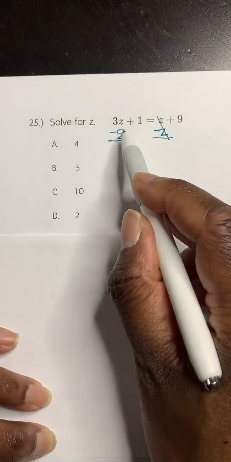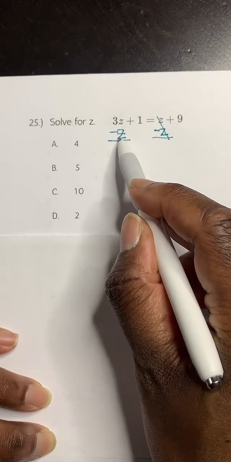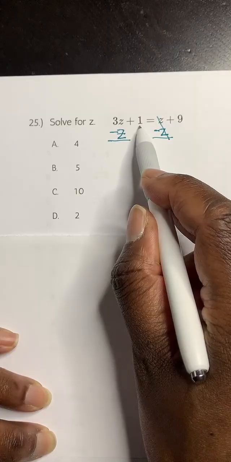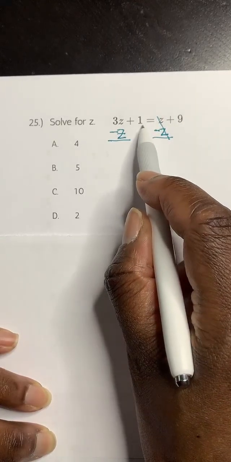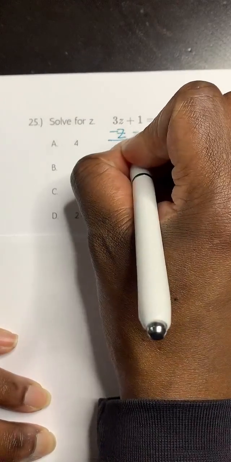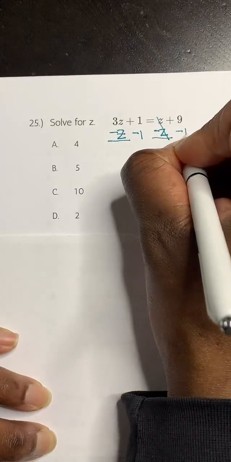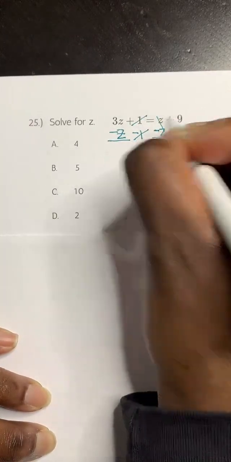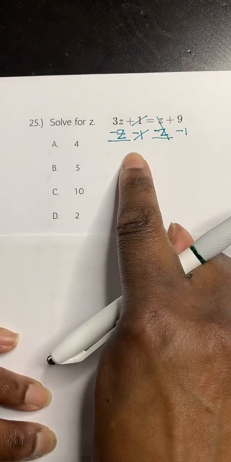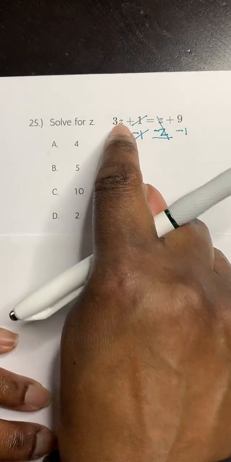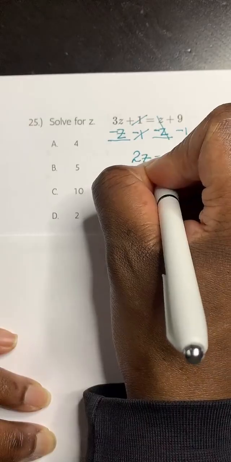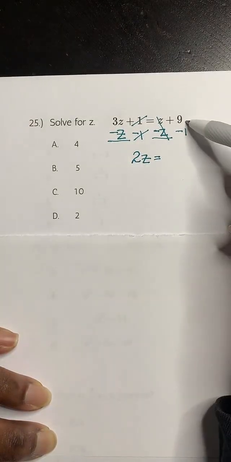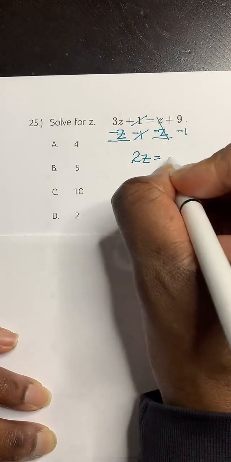When I move the Z over to the left-hand side, this 1 needs to go over to the right-hand side, so I'm going to do the opposite of plus 1. I'm going to minus 1. Now on the left-hand side, I have 3Z minus 1Z, which gives me 2Z, equals 9 minus 1, that gives me 8.